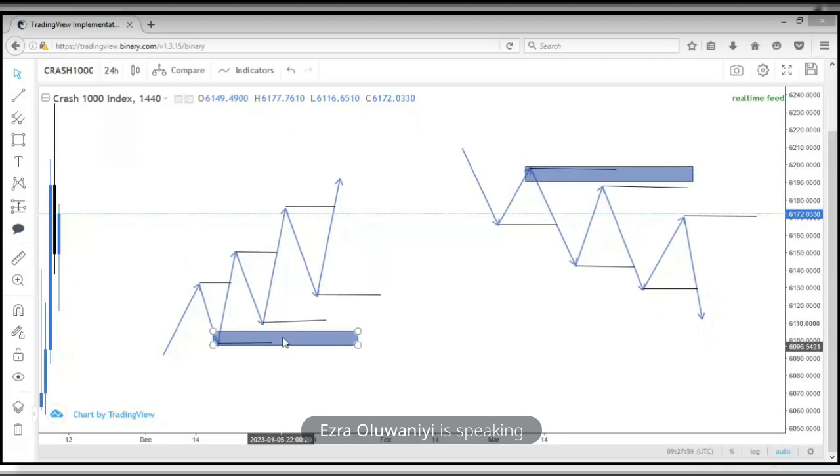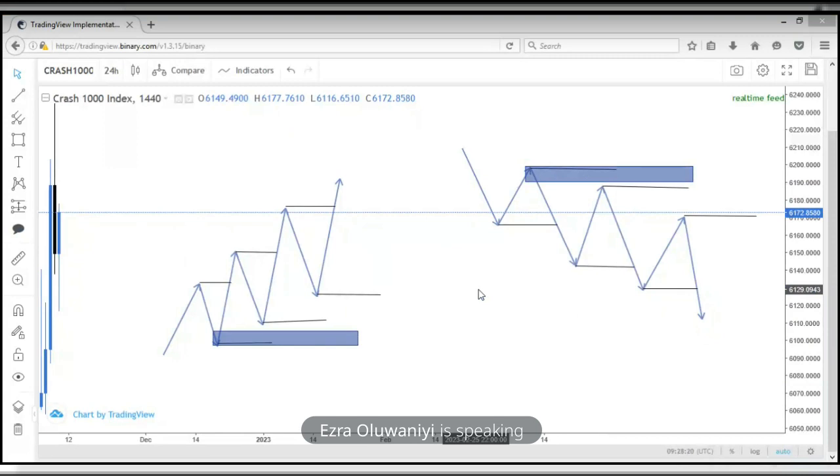Okay. So basically, like I was saying, people are asking for the difference between demand and supply zones and order blocks. The fact is they are not different. For me, there is no difference. People might have a lot of differences, but I don't have any, because each of them is an area in the market where you either look for buy or look for sell.